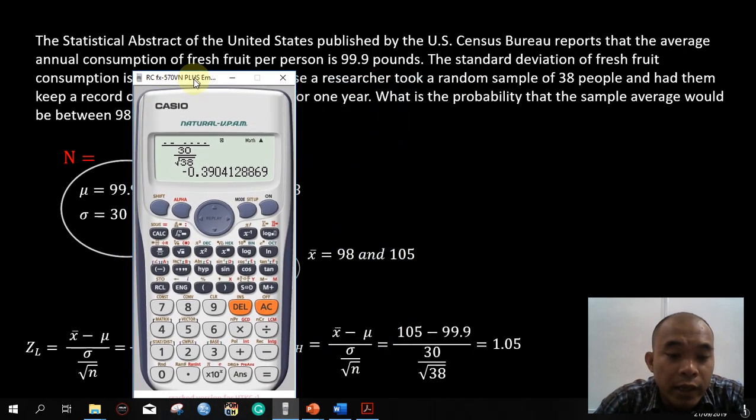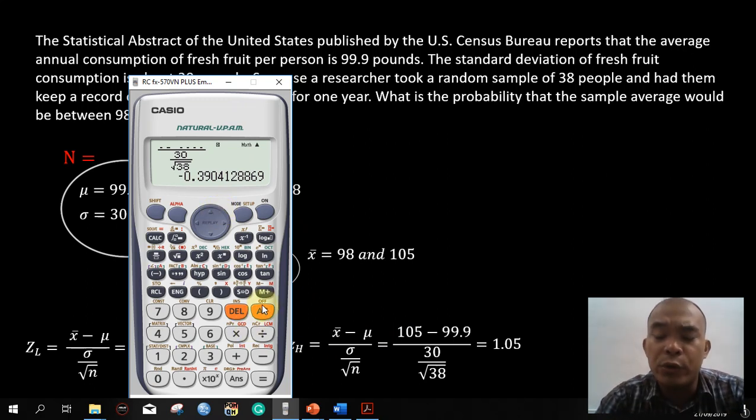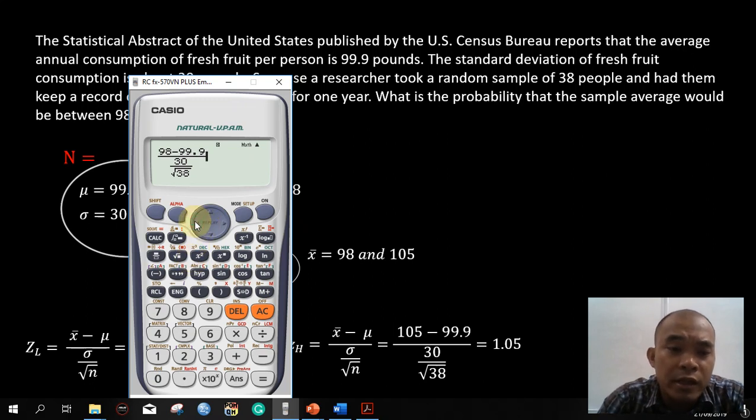And then to get the value for 105, replace the x bar here by 105. Do not press AC. To save some time, just click here, replace this value by 105, and then just press equals. That is 1.05.